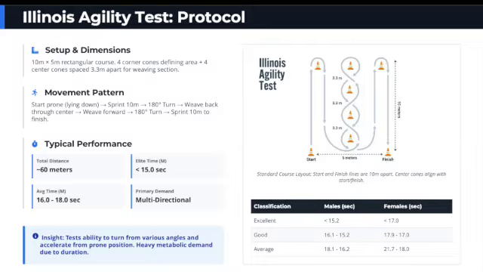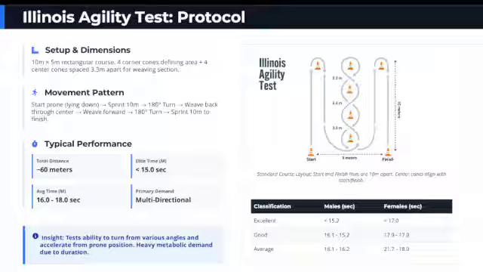The Illinois agility test. This is the protocol, setup and dimensions. It is a 10 by 5 meter rectangular course, with 4 corner cones defining the area plus 4 center cones spaced 3.3 meters apart for the weaving section. The movement pattern: you start prone, lying down, you sprint 10 meters, make a 180 degree turn, weave back through the center, weave forward, make a 180 turn, and sprint 10 meters to finish.